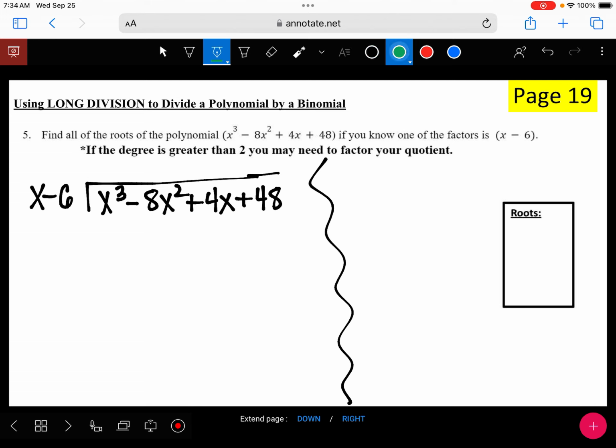So we always start by dividing the first by the first. And we get an X squared. Put that on the roof.